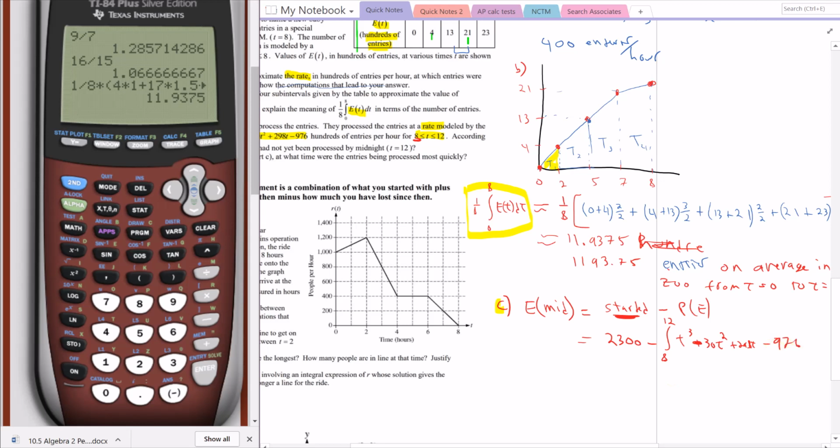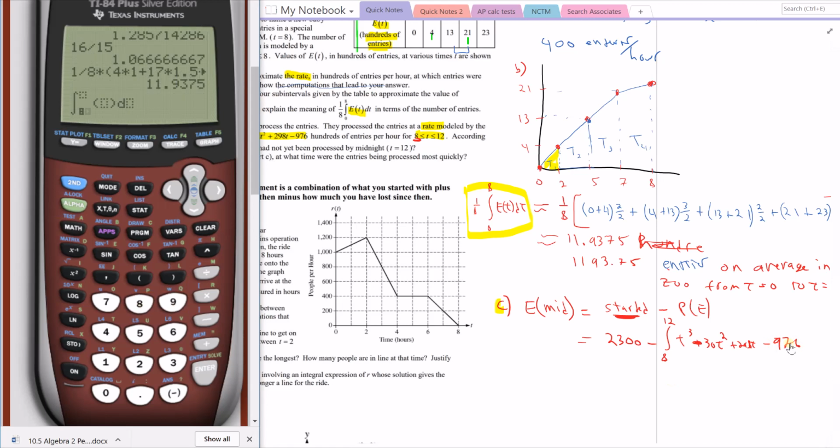So this is a calculator problem. We're just going to do math 9. Now we're going to go from 8 to 12, and we're going to do this P of t function.